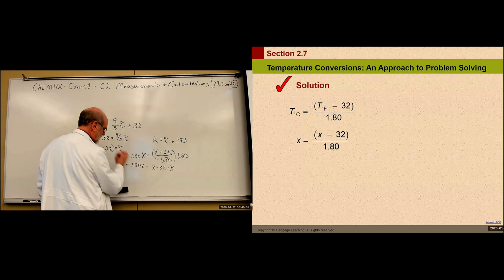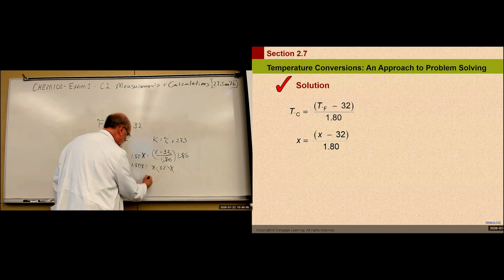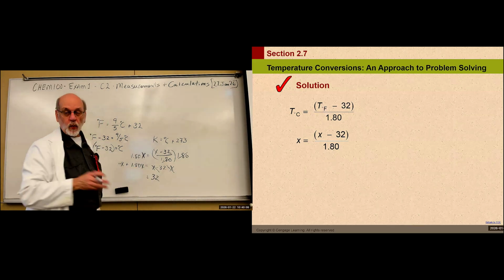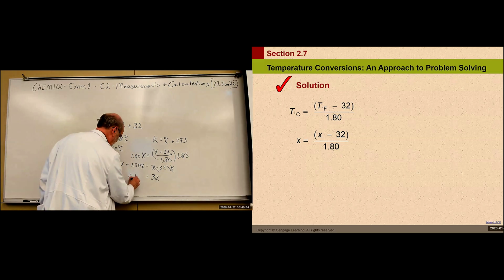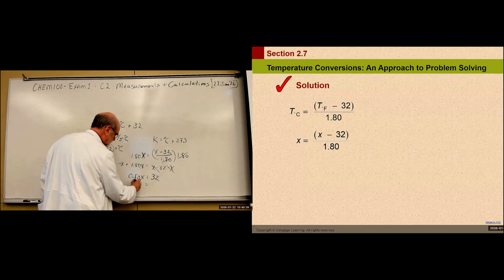Minus X. That would cancel this one and leave us with 32 on that side. What's 1.8 minus 1? It's 0.8. Now for X, we divide both sides by 0.8.